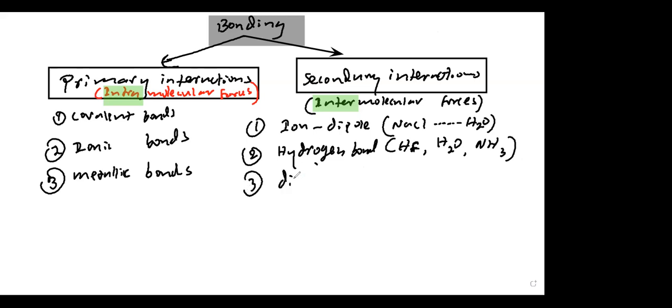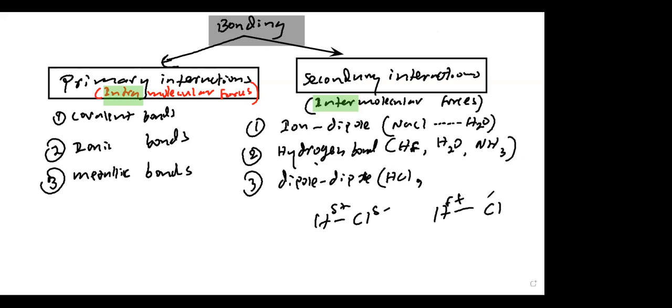Then the third one, dipole-dipole. Take HCl as an example: between two HCl molecules, there is dipole-dipole interaction. This HCl is polar, delta minus, delta plus, and the other HCl molecule is also polar, delta plus and delta minus. Between these two dipoles, the interaction is called dipole-dipole.